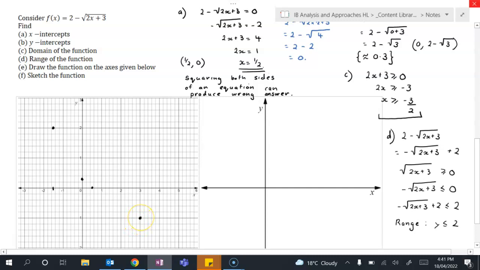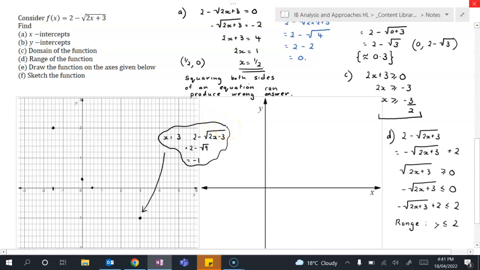So you're just going to have to do some quick substitutions to work out when your function underneath the square root will give you a squared number, so it's easy to work out. So that's probably enough points. I'll just quickly make a point that when x equals 3, 2 take the square root of 2x plus 3 is 2 take the square root of 9, which is minus 1, just as a quick identification of where that point came from.